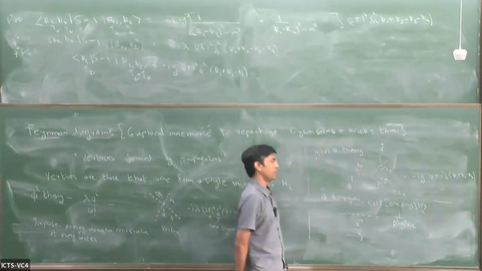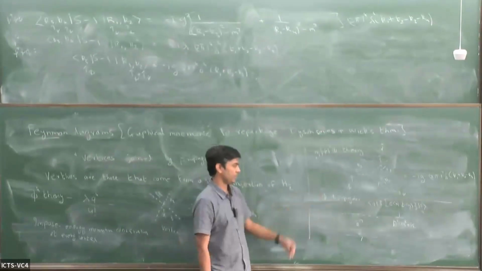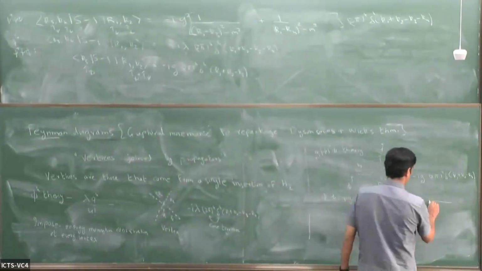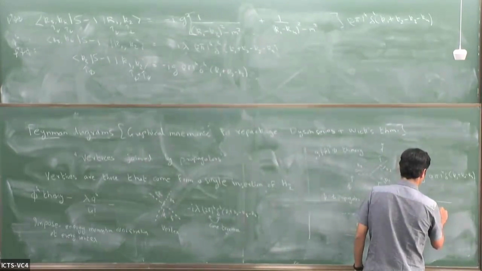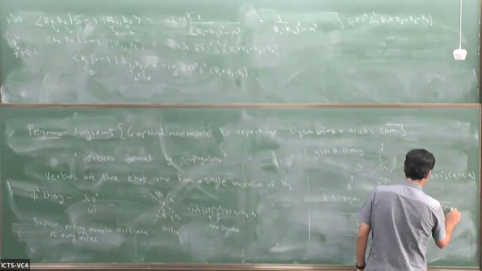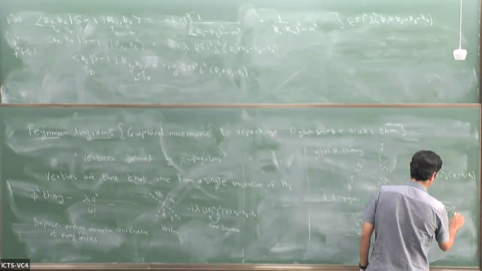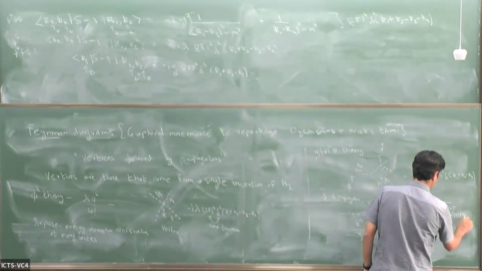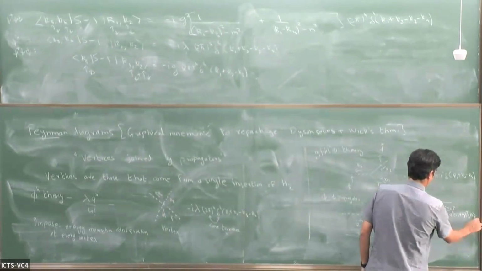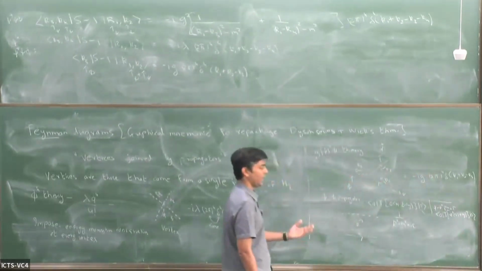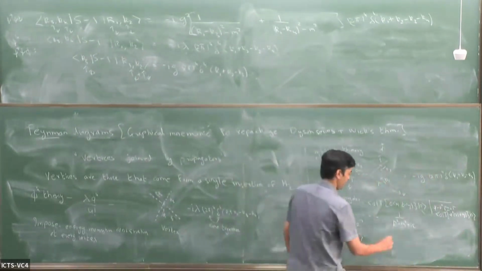This is the time ordered product of psi of x, psi dagger of y. It's just literally that guy, and it's the same, it just has a different mass.